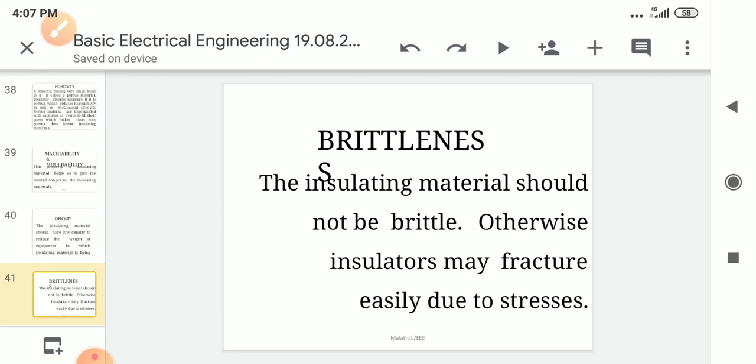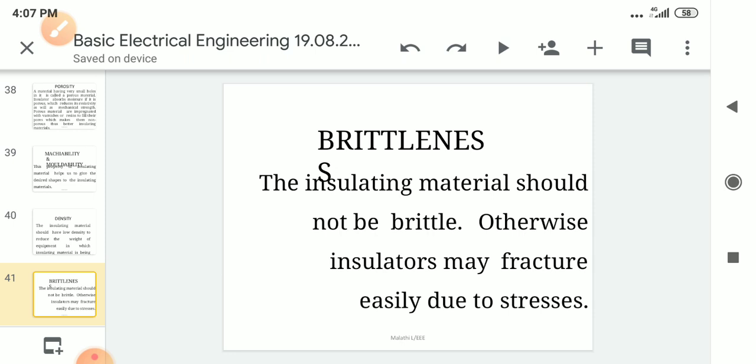These are the mechanical properties. What are the mechanical properties we have studied up to now? We have studied viscosity, porosity, solubility, moldability, density, moisture absorption, like that.